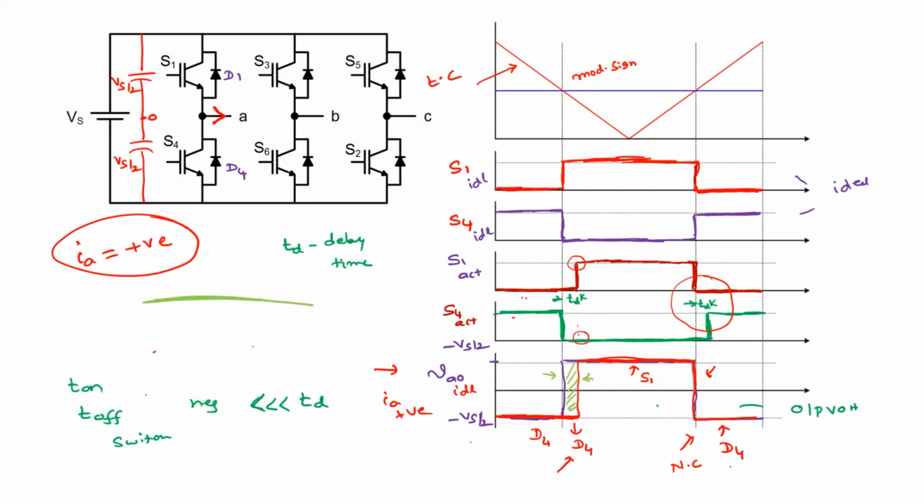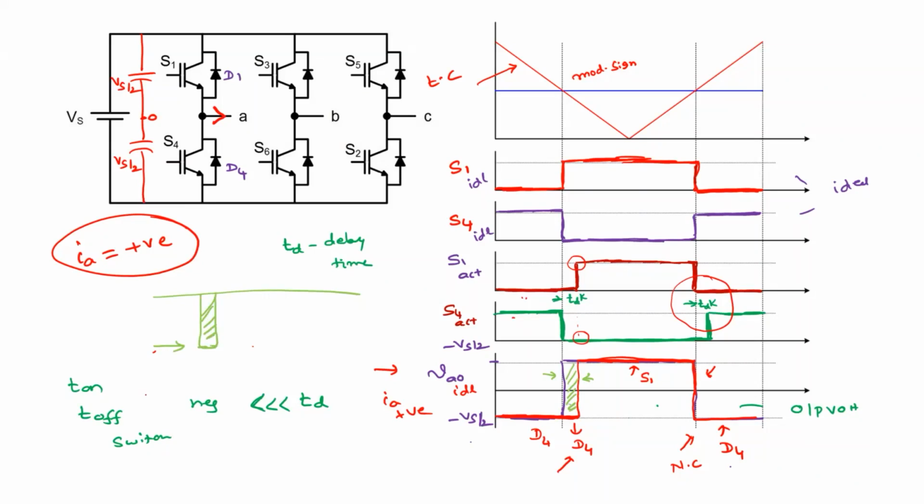So how will it be? If this is the axis, it will be something like this, right? So what is this value, this peak value? Vs by 2? Why Vs by 2? Vs, sir.